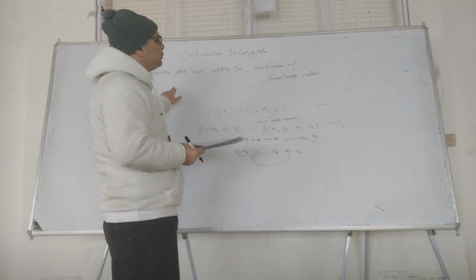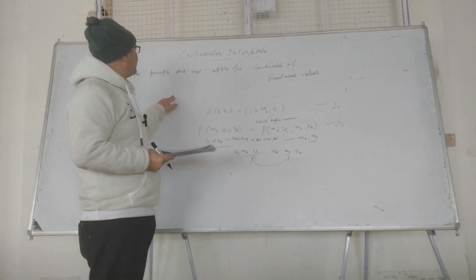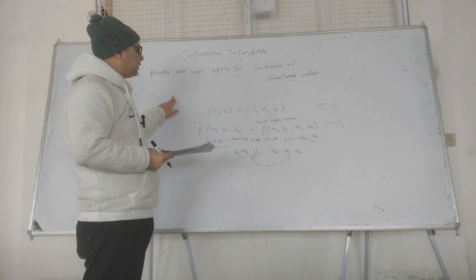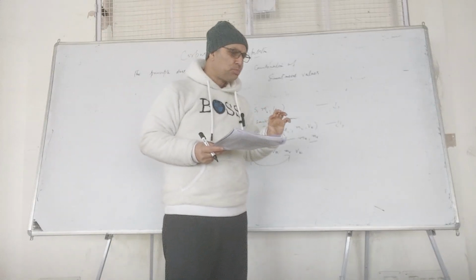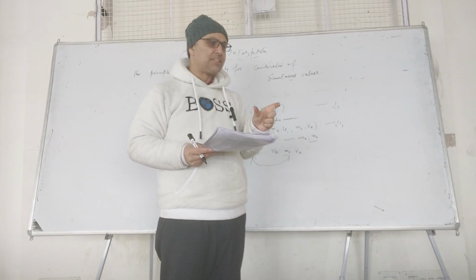So you cannot use this knowledge of simultaneous values. You cannot, if it's not true for two presents, two simultaneous values.